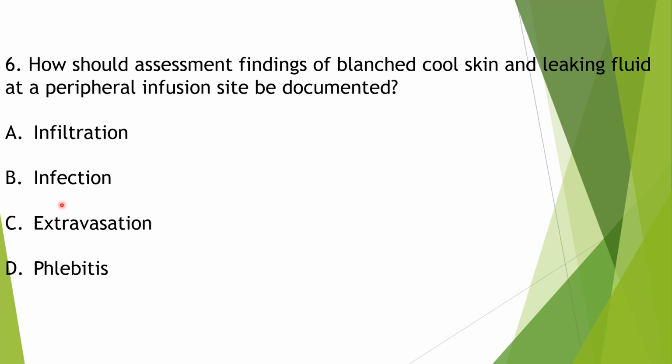The clinical manifestations of infiltration include blanched skin, skin cool to touch, edema, unexpected pain or burning at the insertion site or along the path of the vein, and leaking of fluid from the insertion site. So here the findings of blanched cool skin and leaking fluid at the peripheral infusion site are an indication of infiltration.